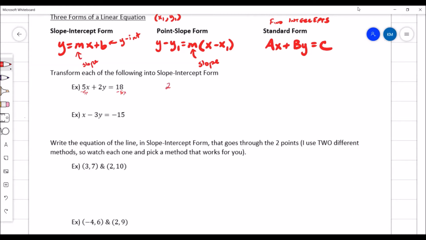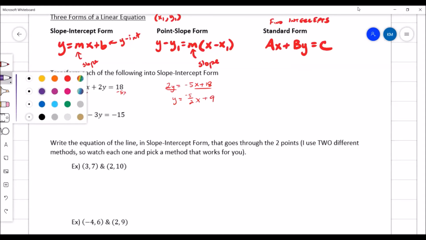That leaves me with 2y equals negative 5x plus 18. Get y all the way by itself by dividing by 2 on both sides. So then I get y equals negative 5 halves x, and 18 divided by 2 is 9. And so here is my answer: y equals negative 5 halves x plus 9.